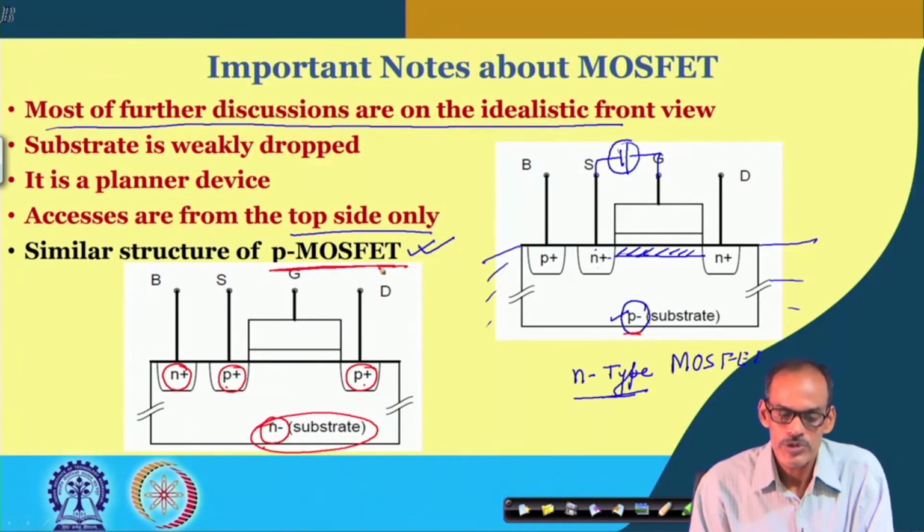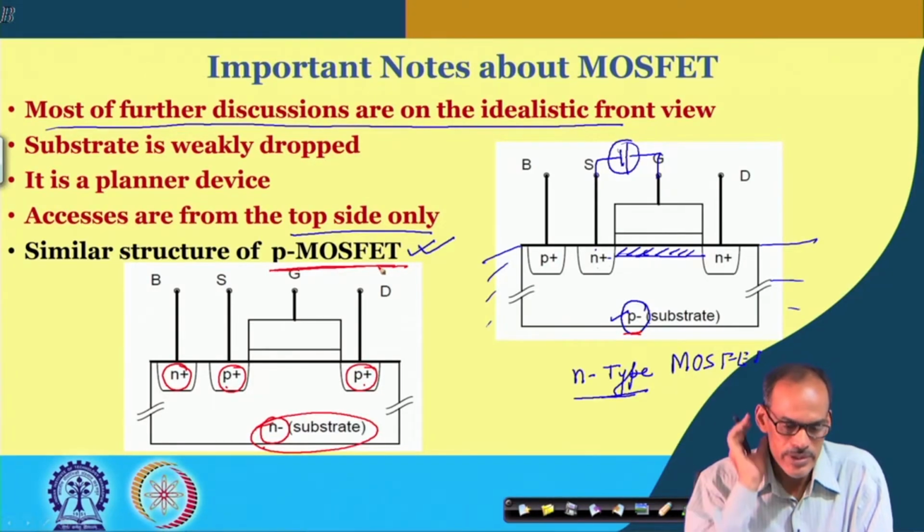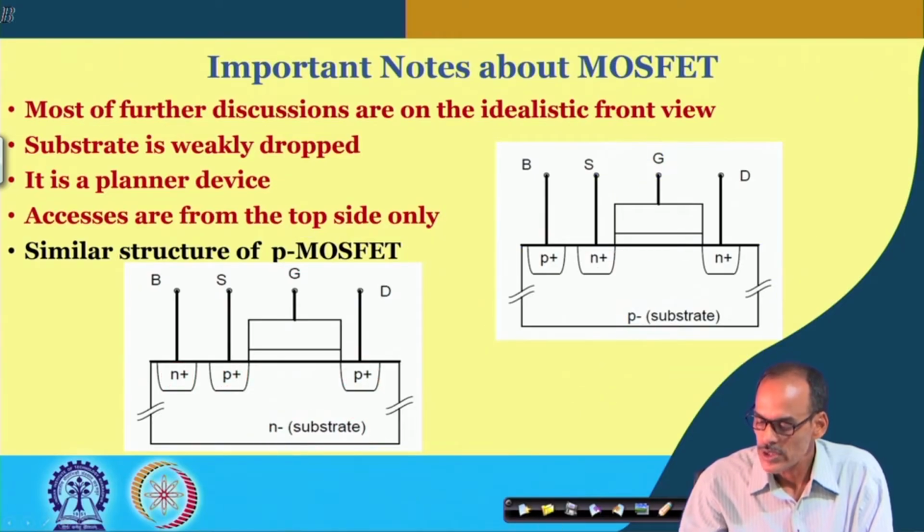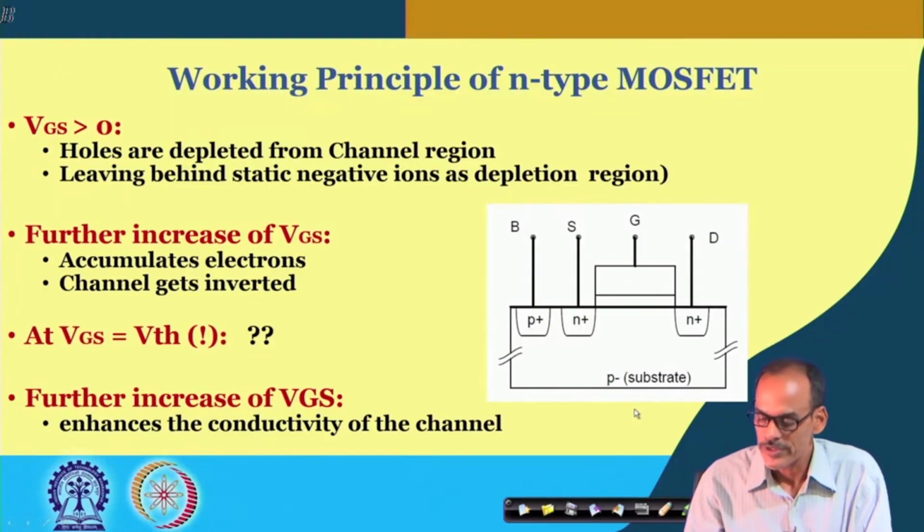So, let us proceed with the MOSFET for further discussion, namely more detail about the working principle, then the IV characteristic and so on. So, let us go into the working principle.